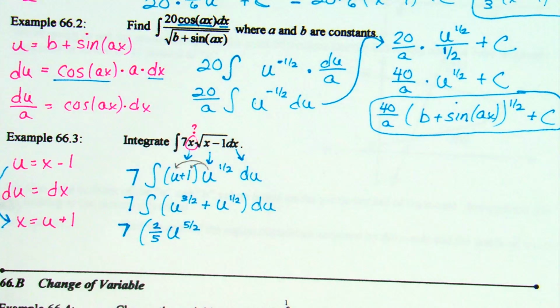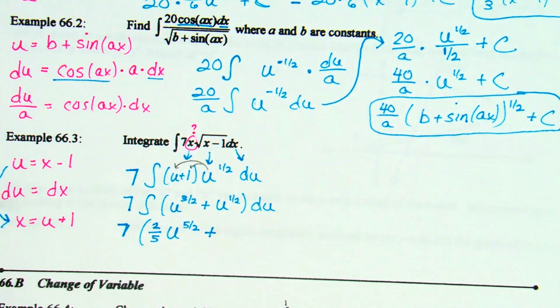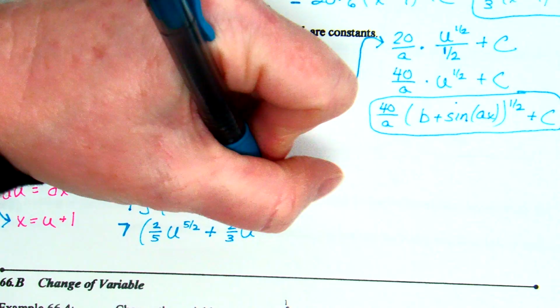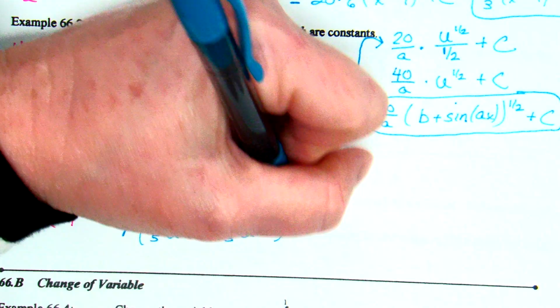So I'm going to say 2/5 u to the 5/2 plus integral of u to the 1/2. Add 1 to the power, divide by the new power. If we add 1 to the power, it's u to the 3/2. If you divide by 3/2, that's also multiplying by 2/3. In my parentheses, and of course there is a plus C.